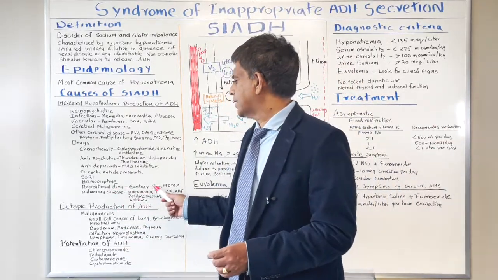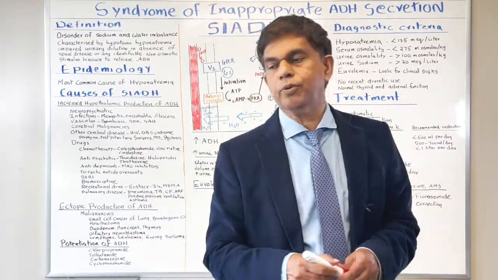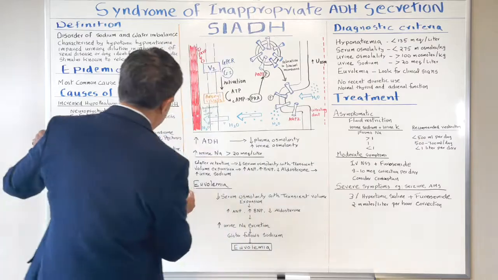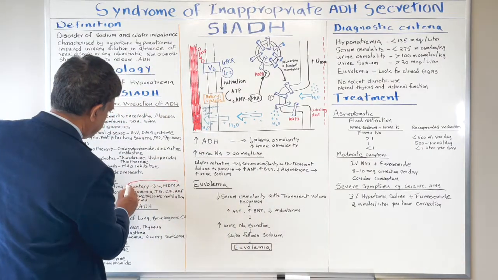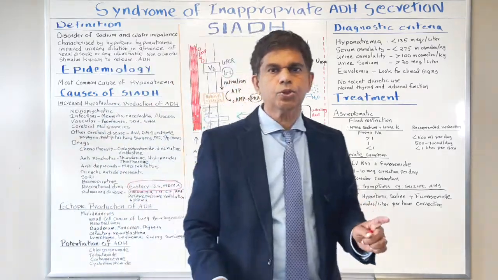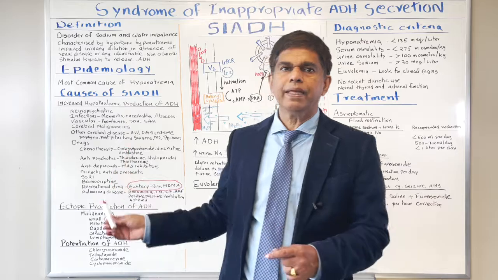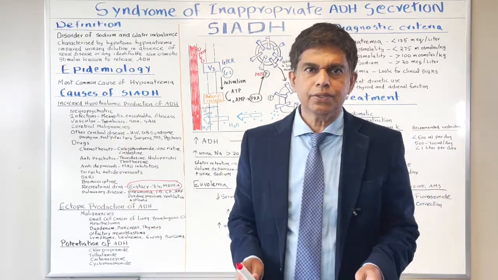When you have a patient on ecstasy, which is 3,4-MDMA, you can have SIADH. Very common, so I'm going to circle this. Very, very important as an examination question. Don't forget it. If I'm writing a question, they're always going to write about ecstasy or 3,4-MDMA. MDMA can cause SIADH. Okay?